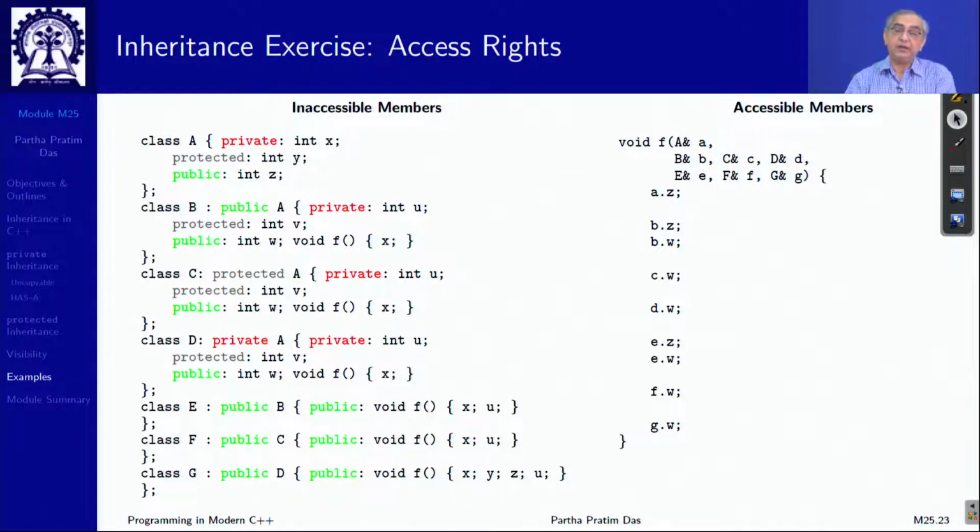And finally, just as an illustration of the way the access rights or the visibility change based on the inheritance type, I have created an exhaustive example where class A has 3 types of members, class B is public inheritance from A and has 3 types of members, and it is inherited, so it will also have the members of A. Class C is also inherited from A, but not in the public manner, but in the protected manner.